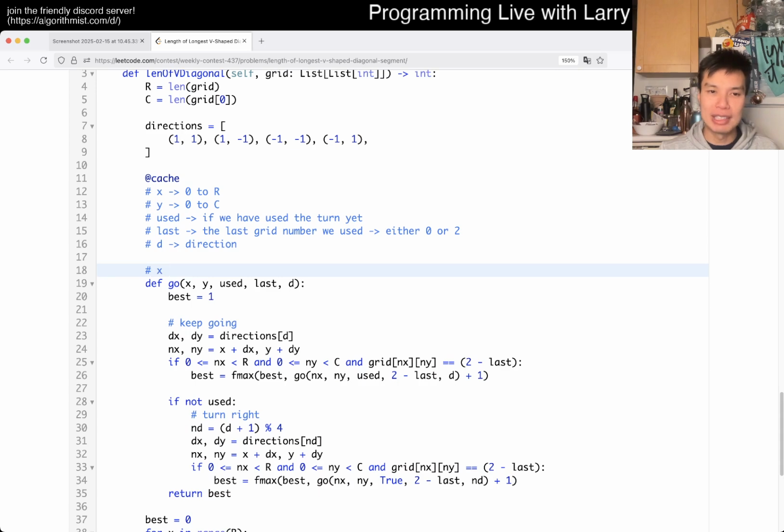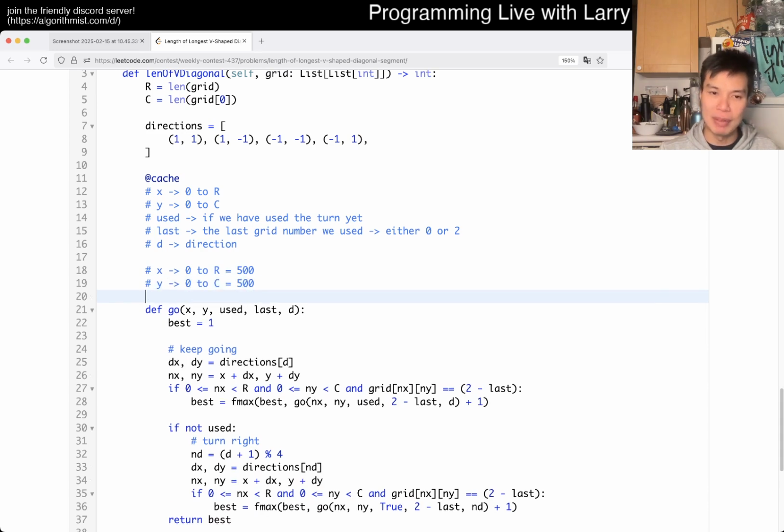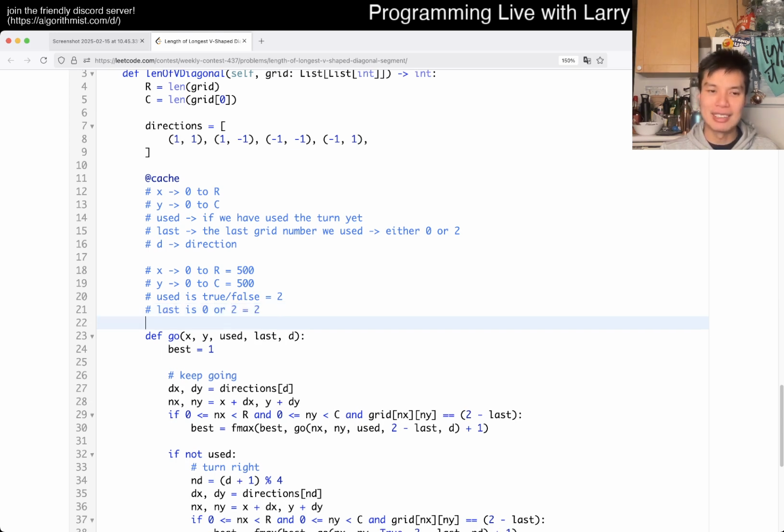Well, X is going to be 0 to R, which is 500 max. Y is 0 to C, which is also 500 max. Used is 0 or 1, or Boolean really, true false, which is 2. Last is 0 or 2, so also 2. And then D is direction, which is 4, right?